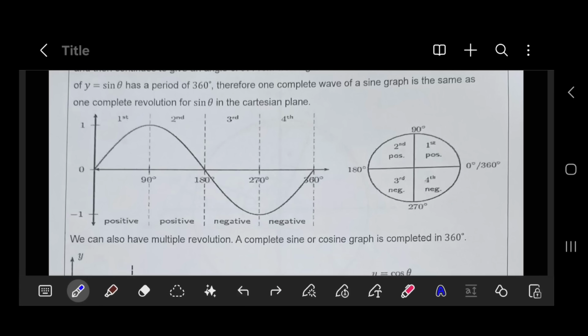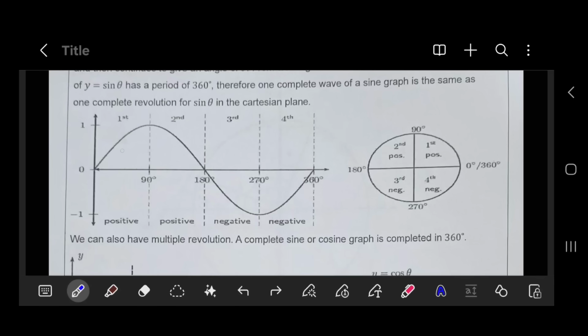Okay. Here we have the basic sine graph drawn, and to the right of that, they are basically showing you, if we separate this graph into segments, where each point on the graph is in each segment. We're starting off at 0, we go to 90, then 180, 270, and 360. What they're saying here is what sine is in each quadrant, meaning whether sine is positive or negative in each quadrant.